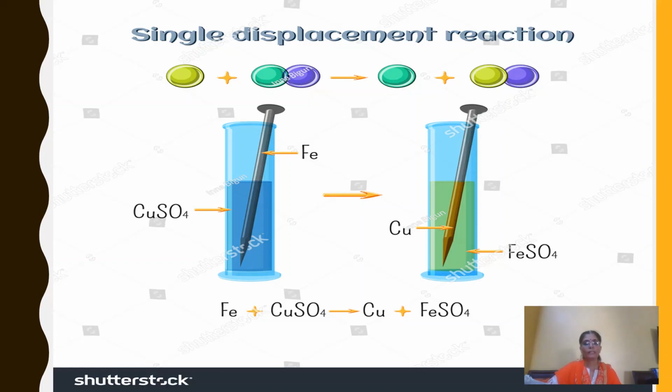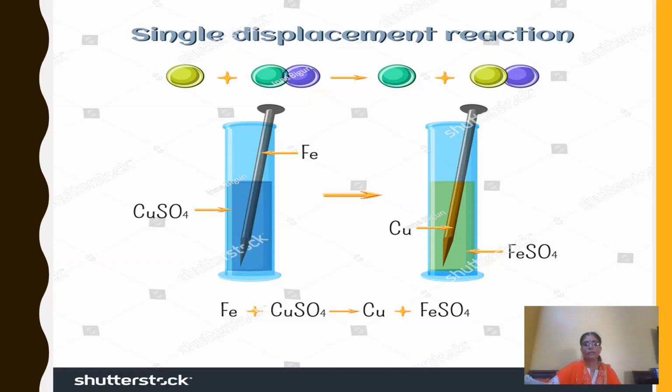As it is more reactive, it displaces copper from its compound, that is, copper sulfate solution. The displaced copper gets deposited on the iron nail, and the solution becomes ferrous sulfate or iron sulfate. So the color of the solution changes from blue to green, and the displaced copper is deposited on the iron nail.